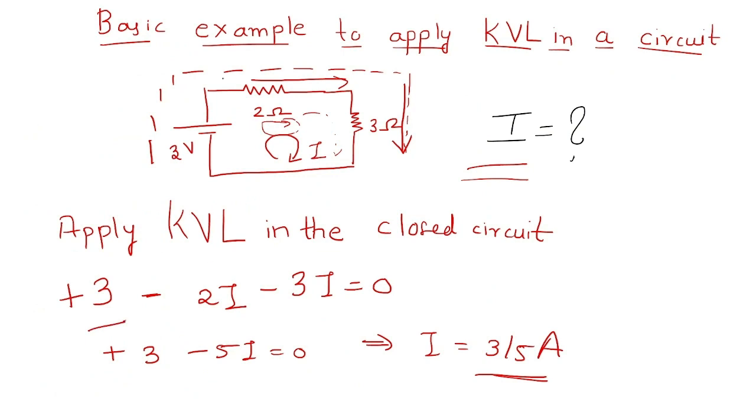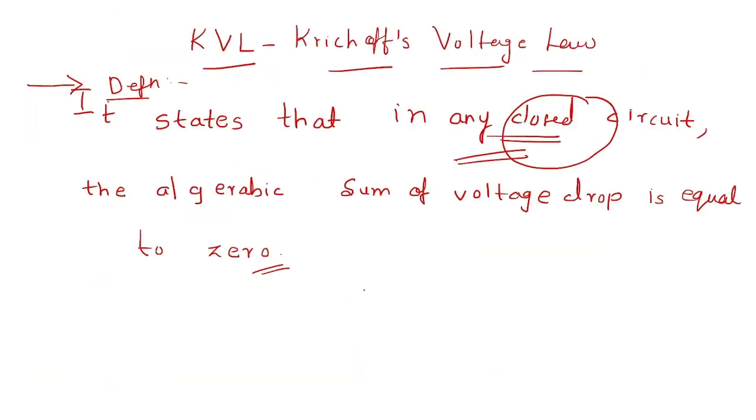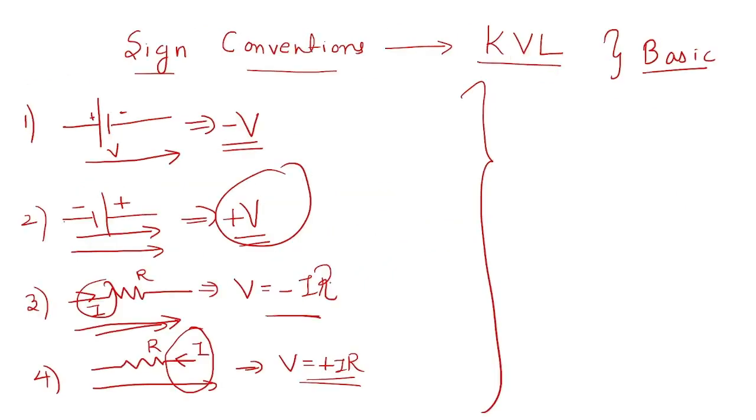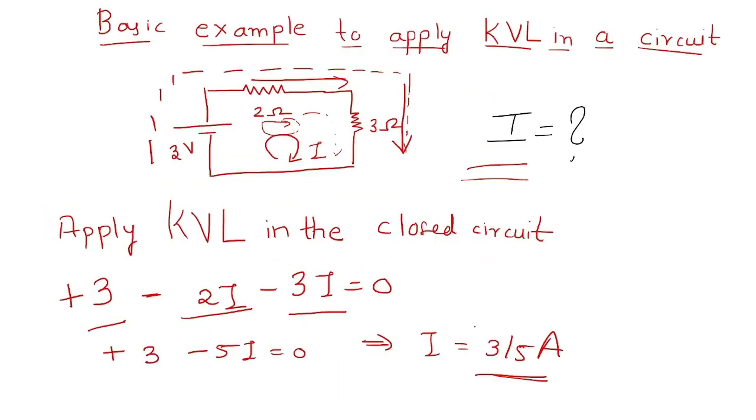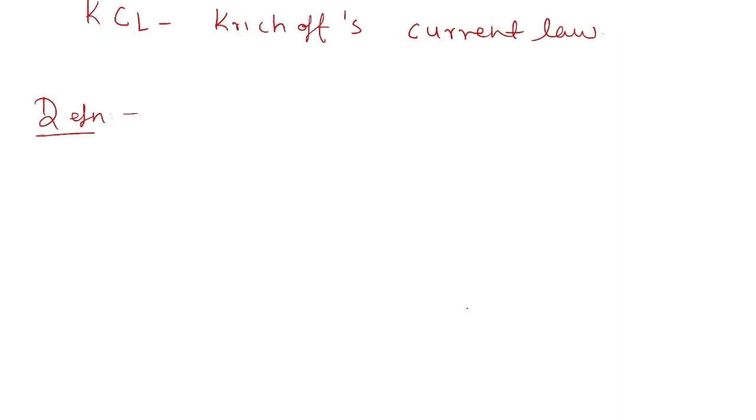If I'm moving in the same direction as that of your current flow, then I have minus of 2 into I. Similarly, minus of 3 into I is equal to 0. Why equal to 0? Because I told that the algebraic sum of voltage drop is equal to 0. Therefore, I is equal to 3 by 5 amperes. Is it clear? Any doubts over here?